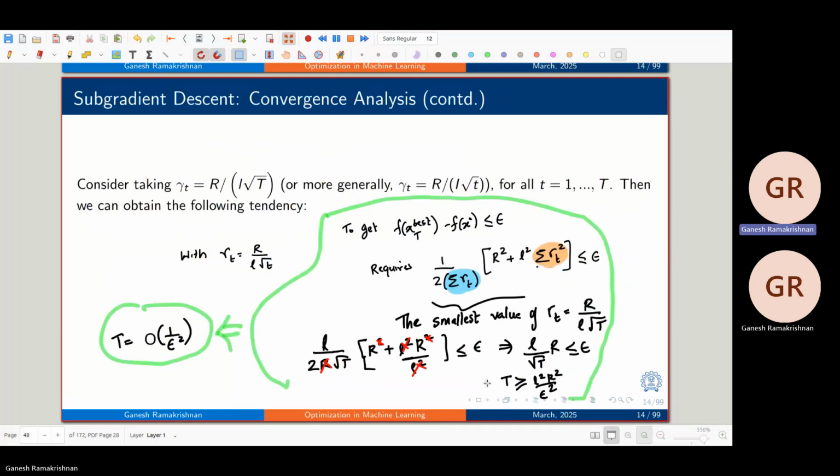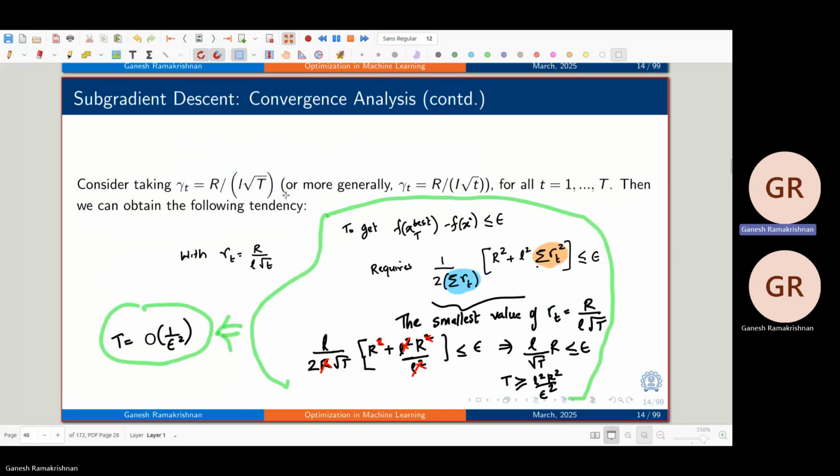Right? So if you take this to be a choice, in fact, I have also shown here that the smallest value of gamma t that gives you this inequality for epsilon is r upon L square root t. So there's a little bit of motivation of how this came up.